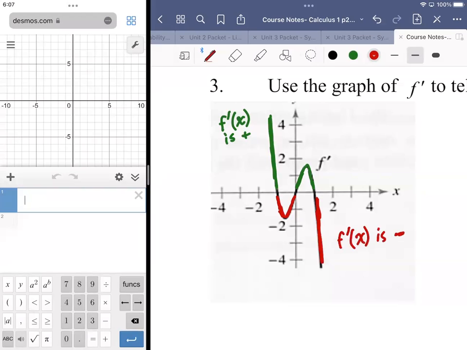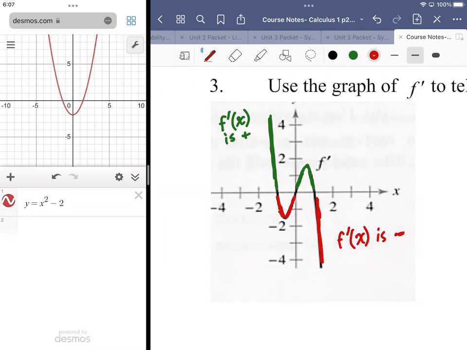Just like if you were to graph an ordinary function, let's say y equals x squared minus 2. You have some parts of this graph that are above the x-axis and some parts that are below the x-axis. Anything over here would be where the y value is positive. Anything over here would be where the y value is negative.